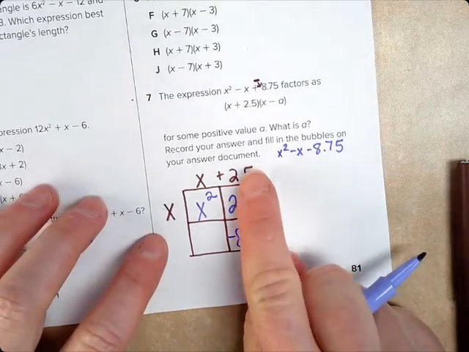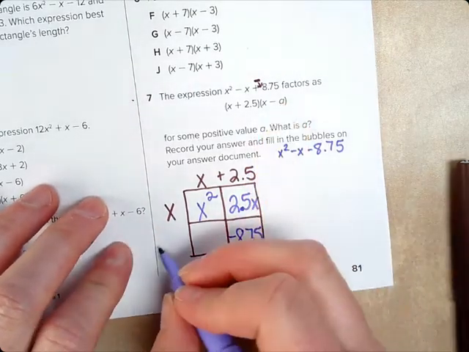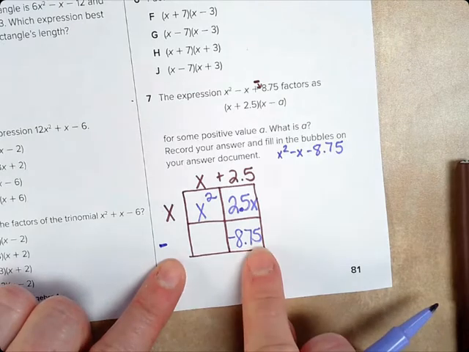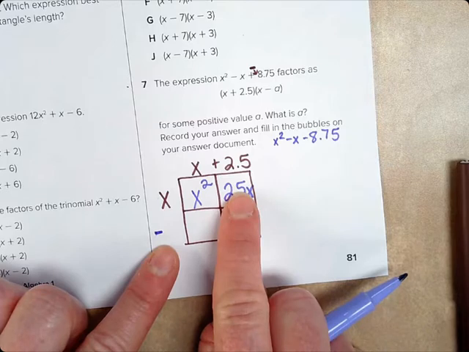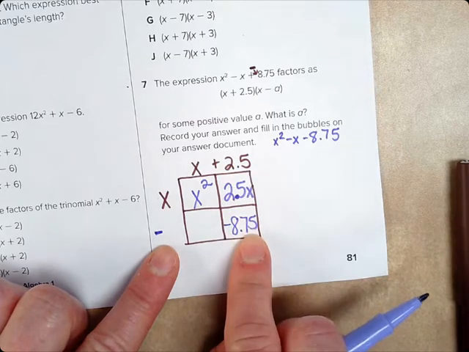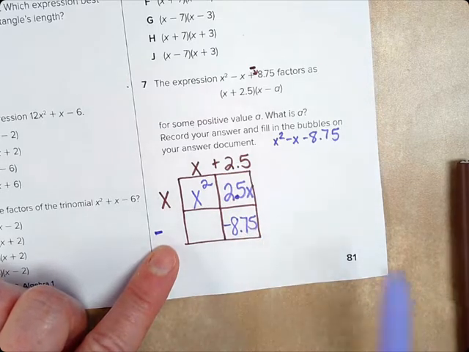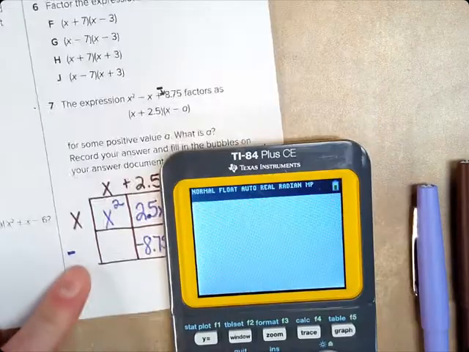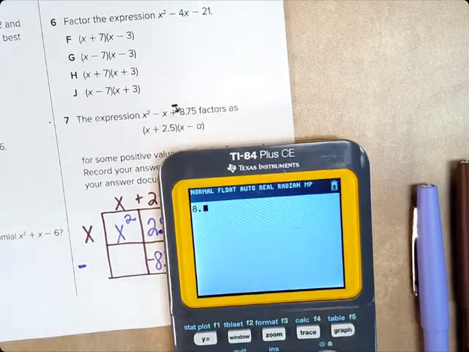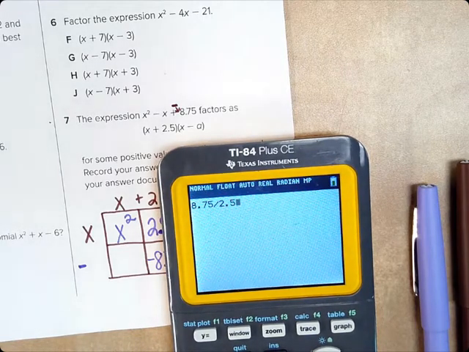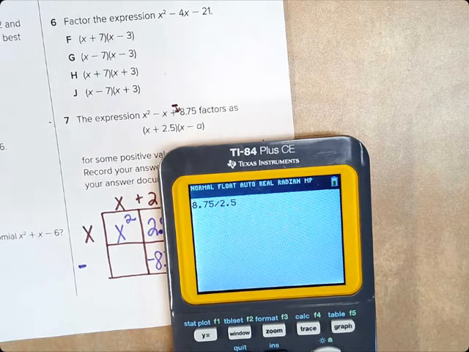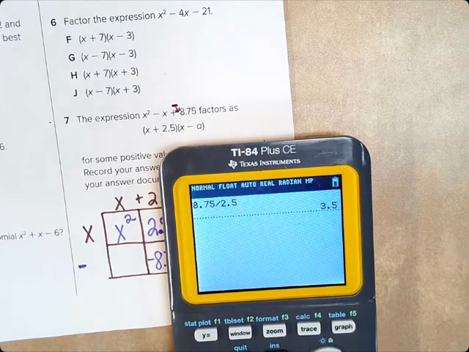So I need to find out 2.5 times negative something, negative a, to get negative 8.75. How can I find out what 2.5 is going to have to be multiplied by to get negative 8.75? Divide it, yeah. So we're going to take 8.75 divided by 2.5. Equals 3.5.